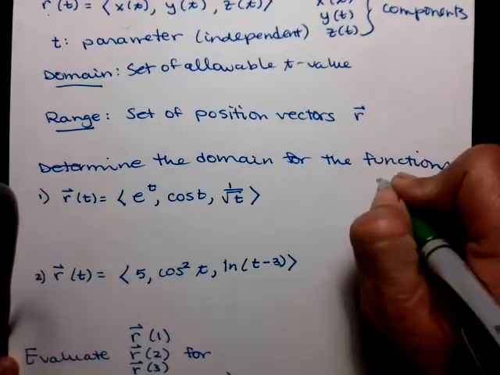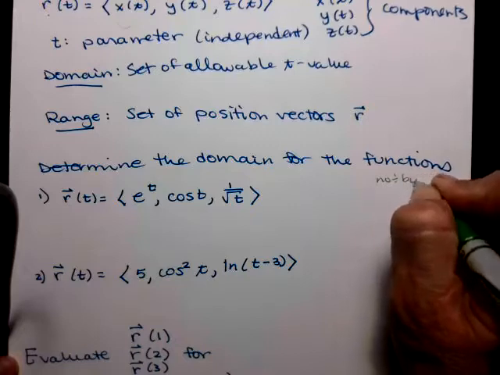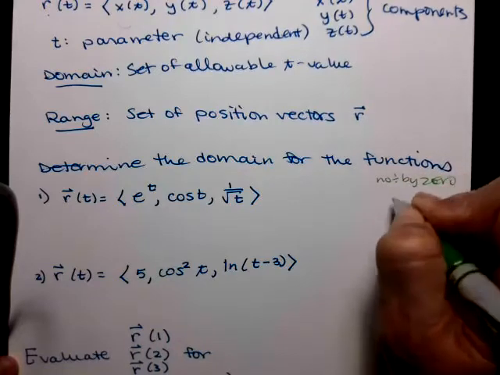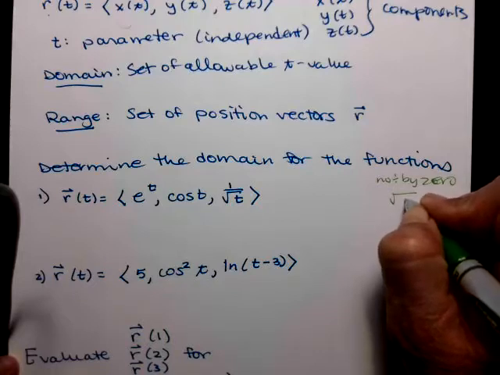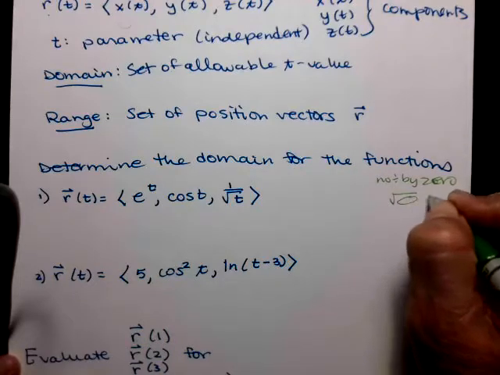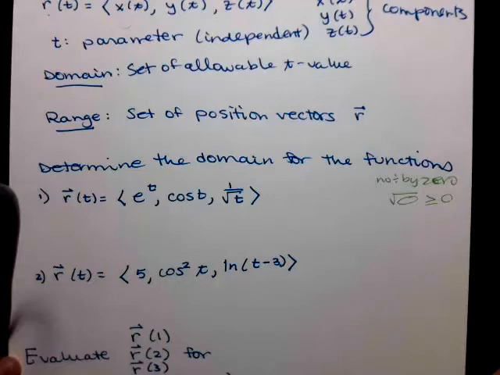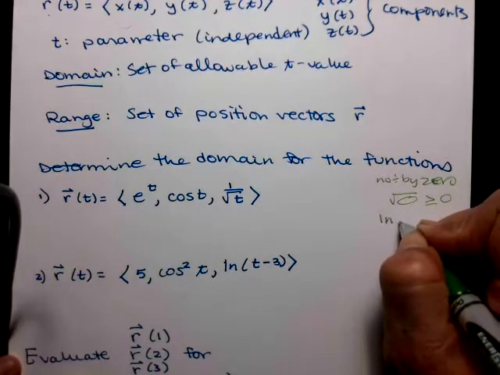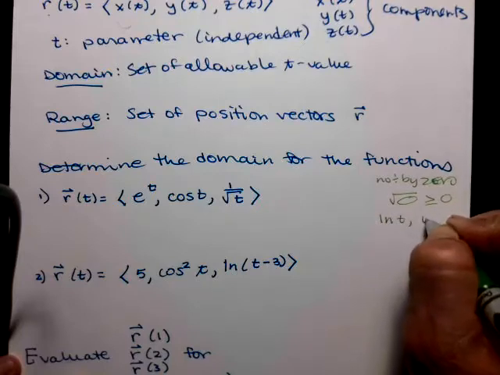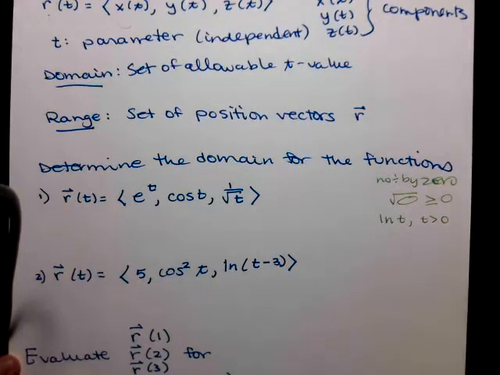For a square root, the radicand has to be greater than or equal to 0. And the other common one is the natural log of t. t has to be greater than 0, it can't be equal to 0.